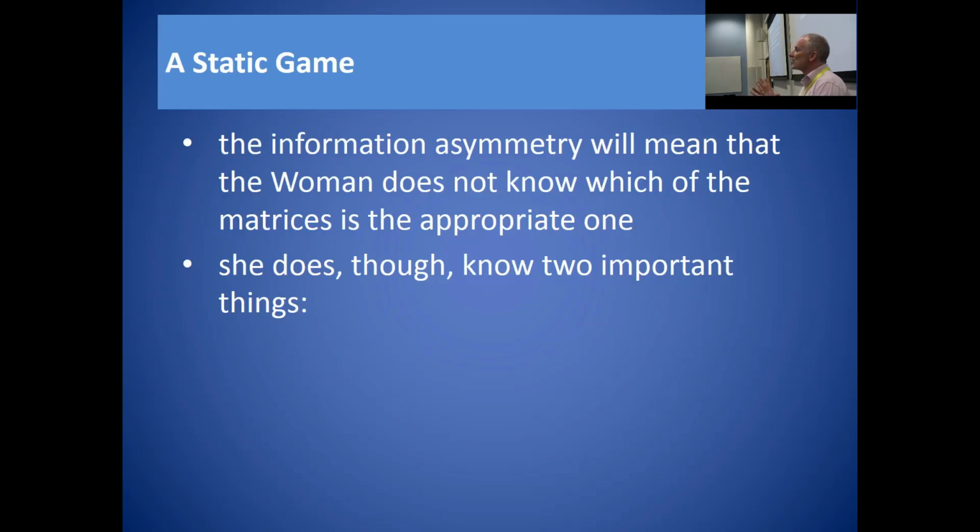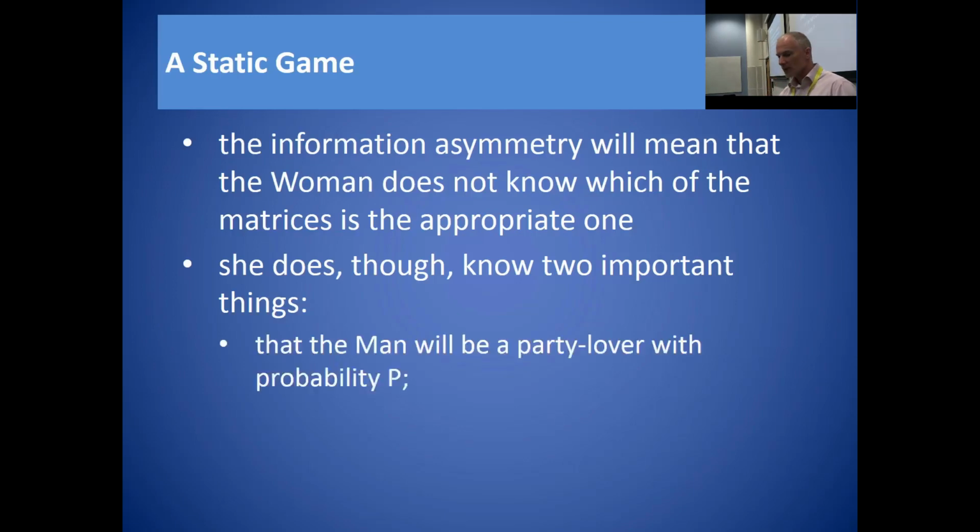So whilst the woman doesn't know the type of the man, and by extension, she doesn't know which of these two matrices is the relevant one, she does know two very important pieces of information. The first is that the man will be a party lover with a certain probability. There's a chance that he'll be a party lover, there's a chance he'll be a non-party lover.